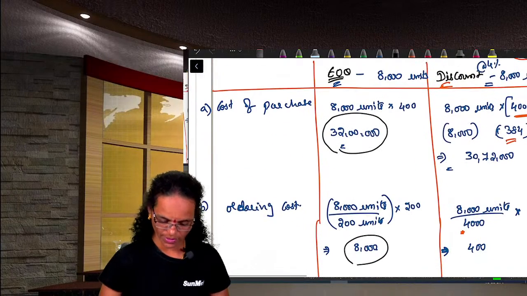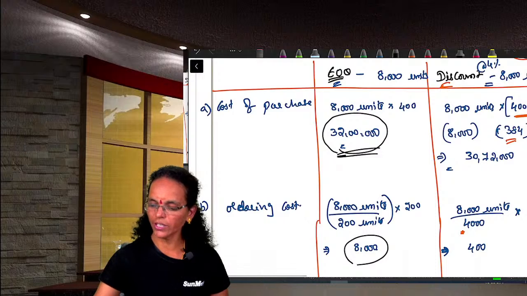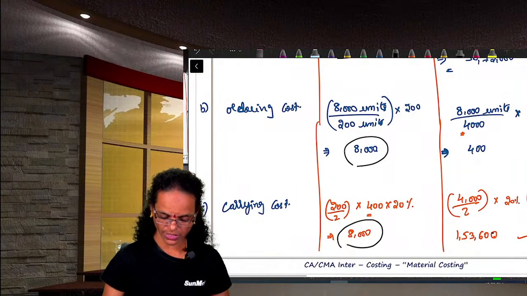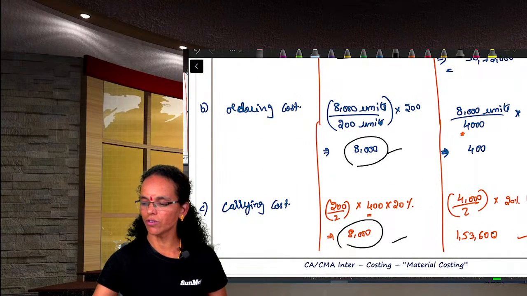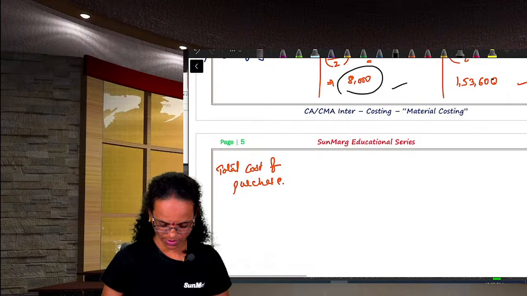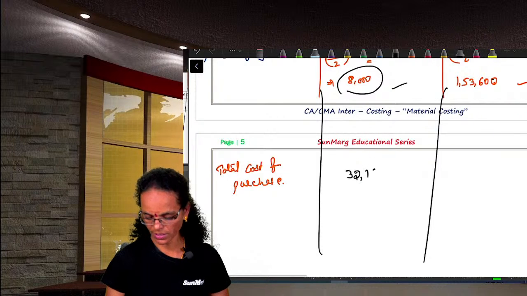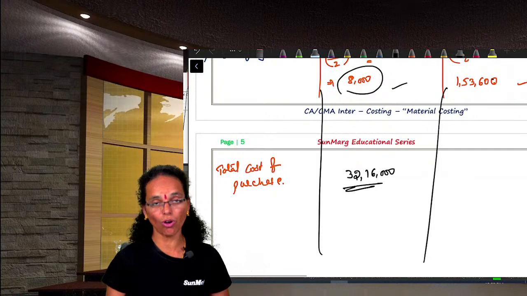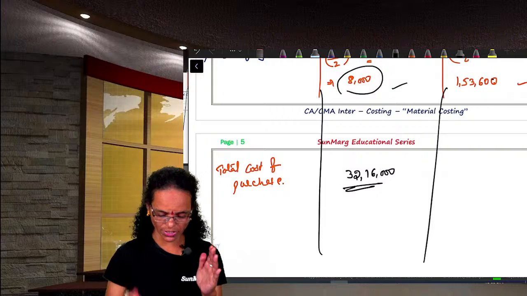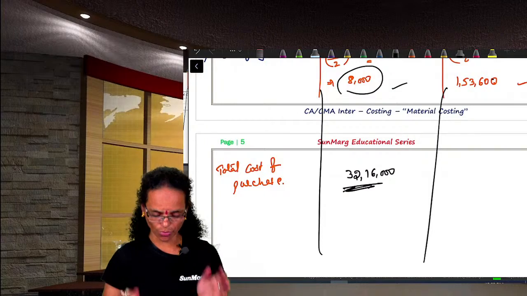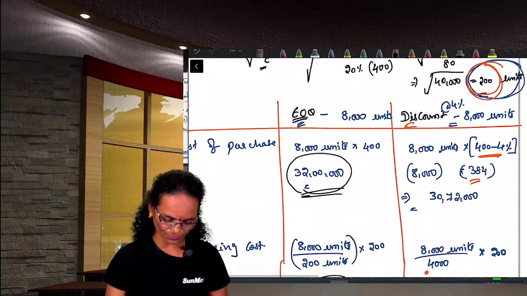So this one 32 lakhs plus this one and this one, 8,000 plus 8,000, that is 32 lakhs 16,000 rupees, the total cost of purchasing 8,000 components under EOQ.